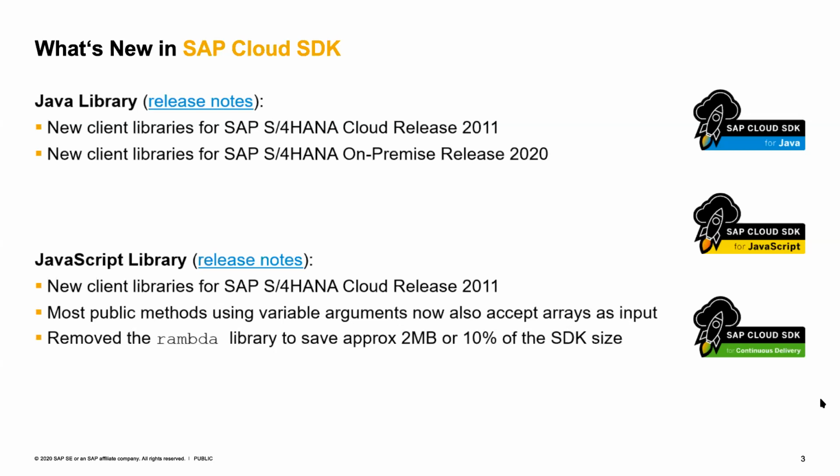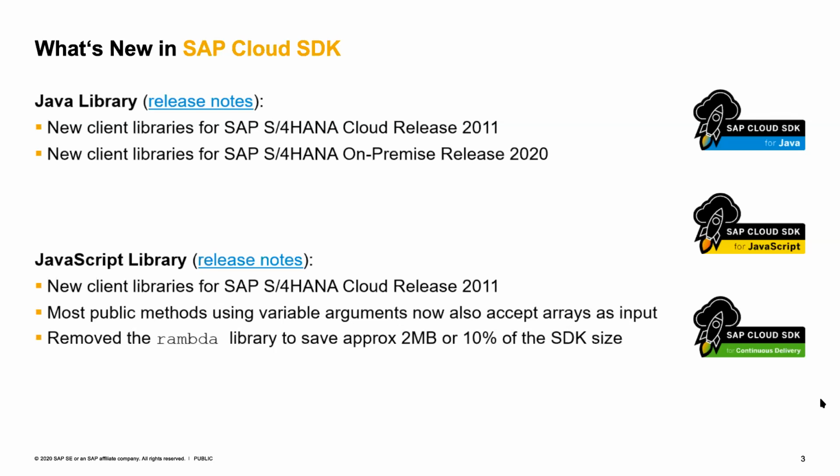On the JavaScript side, we also have released a new client library for S4HANA Cloud, release 2011. And we also introduced some improvements here, especially noteworthy that we adjusted the signature and convenience of some of our methods so that they also accept arrays wherever this was possible. Another good improvement is that we managed to remove one of our dependencies, which is Lambda in this case.